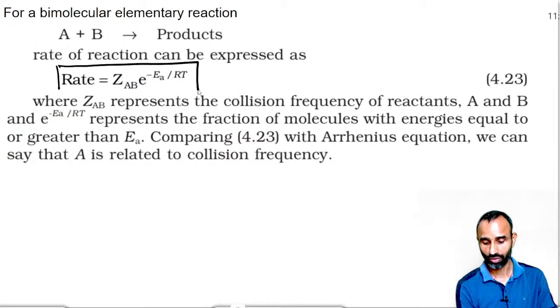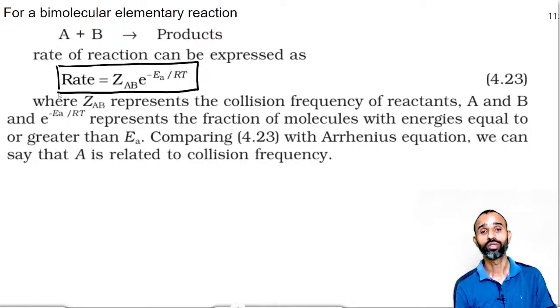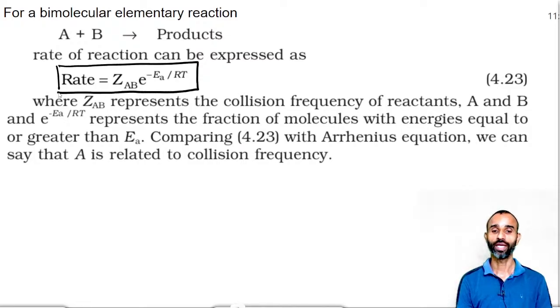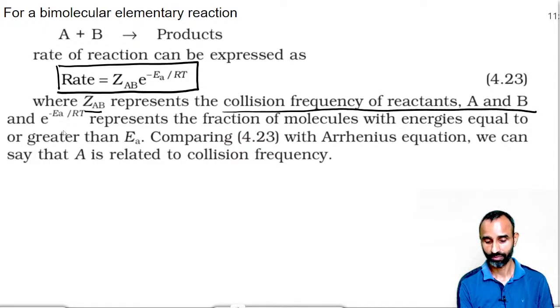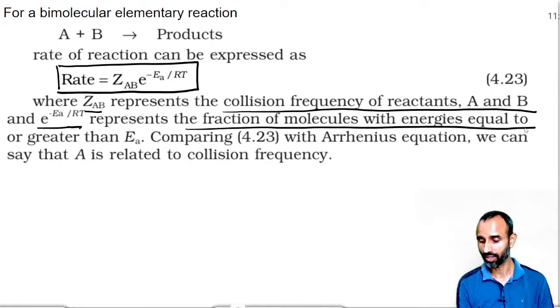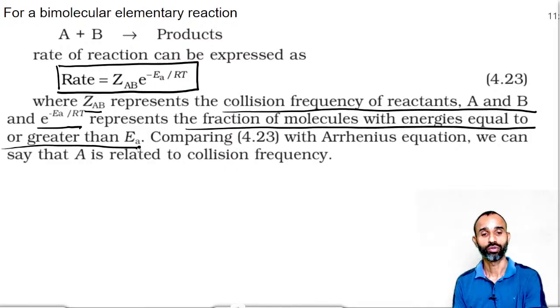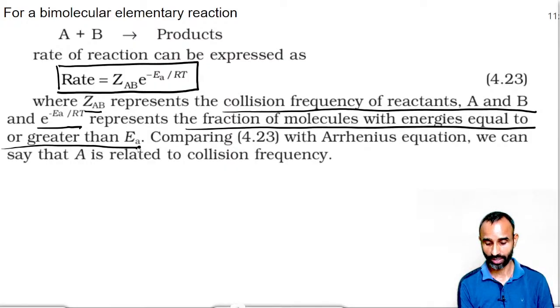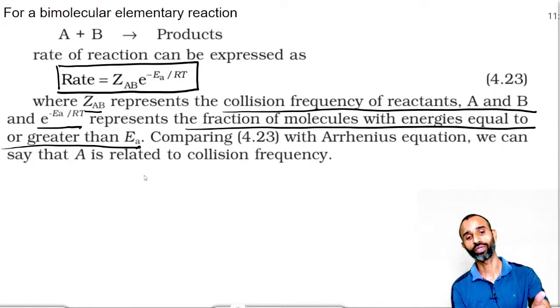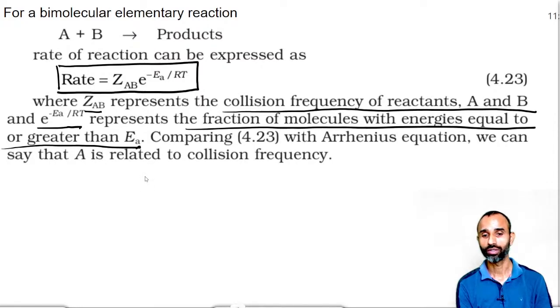Rate is equal to ZAB e raised to power minus Ea by RT, and this ZAB is collision frequency of the reactants. This is the fraction of the molecules with energies equal to or greater than activation energy. If we compare them with Arrhenius equation, ZAB is taken as A, then rate of the reaction is equal to rate constant.